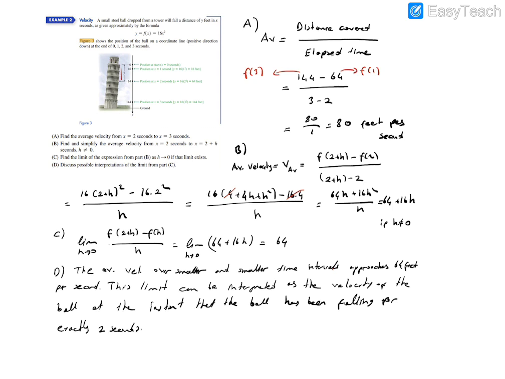Therefore, 64 feet per second is referred to as the instantaneous velocity. So this is called the instantaneous velocity at x equals 2 seconds. Okay, and we have now solved one of the basic problems of calculus.